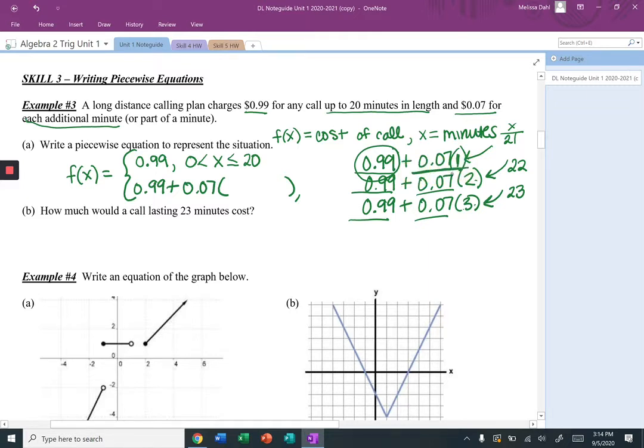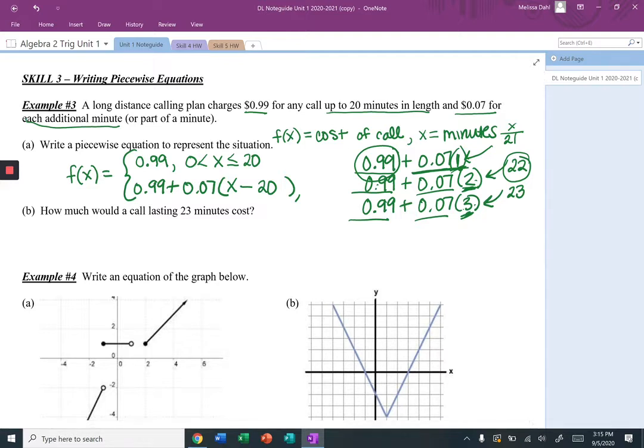Notice that each of these numbers multiplying the 7 cents is how many minutes you've been on minus the 20 minutes. If I've been on for 22 minutes, and I take away the 20 minutes that I was already charged 99 cents for, I'd be left with 2. That's what I'm getting here. So what's multiplying the 7 cents is our number of minutes minus the 20 minutes that we've already paid for with that 99 cents.